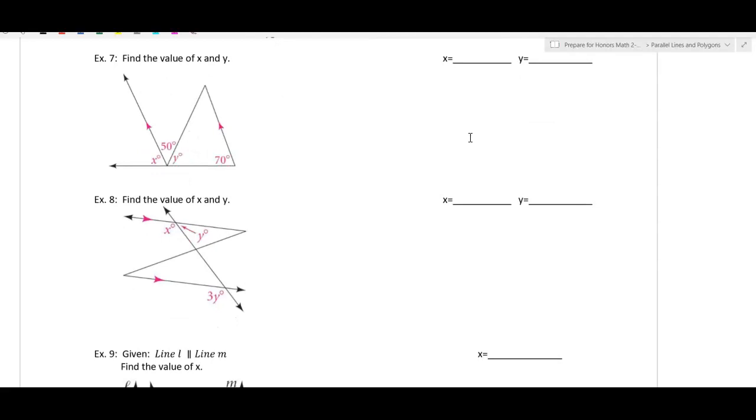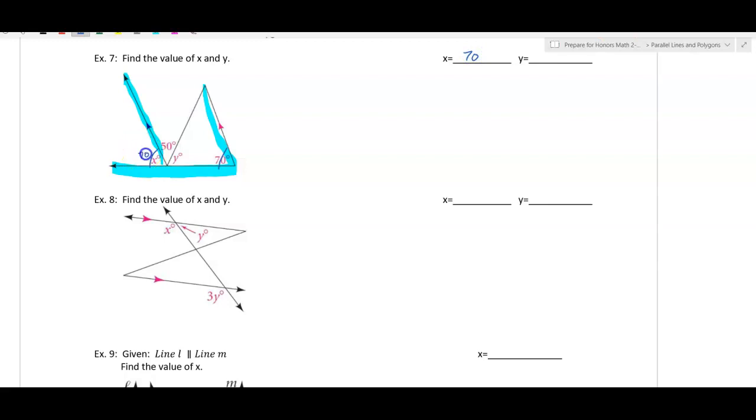Now, here's where the problems start to pick up. Okay? So, the first example here. The one thing you have to know is you cannot find x or y directly using the 50-degree angle. But if this line is parallel to this line, and I use this as a transversal, notice that this angle and this angle, if you ignore that middle line here, x and 70 are corresponding angles, which means they're congruent, so x is 70.